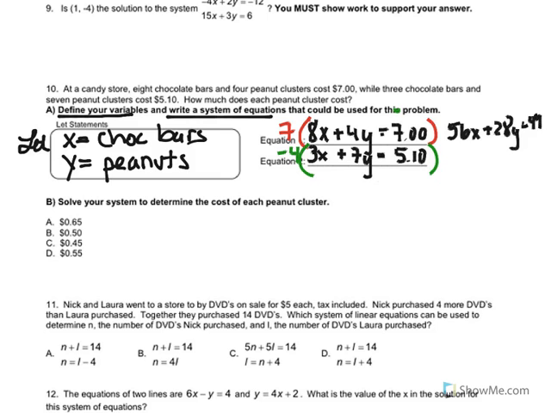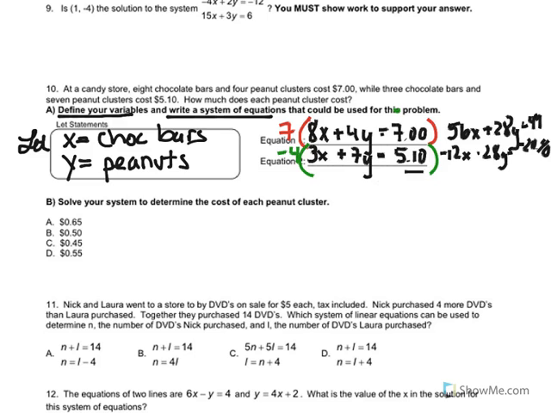And then the second one, we get -12x - 28y = -$20.40.